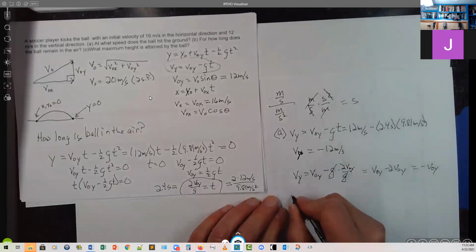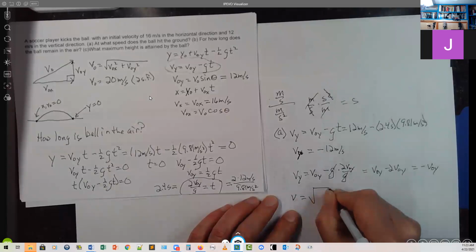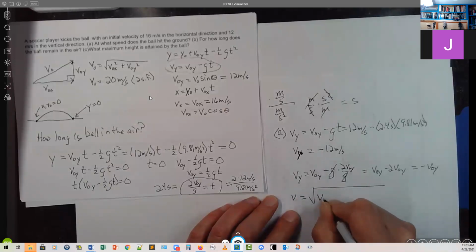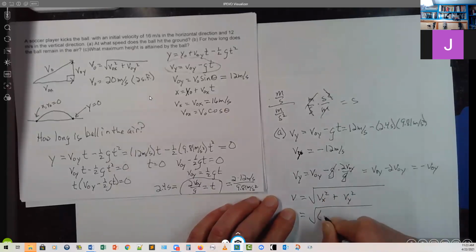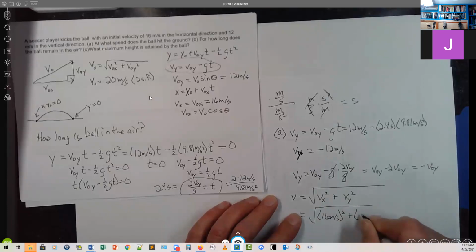And the total velocity when it hits the ground is going to be the square root of v sub x squared, which is constant, plus v sub y squared. And so it'll be that square root of v sub x, which was 16 meters per second, squared plus minus 12 meters per second, squared.